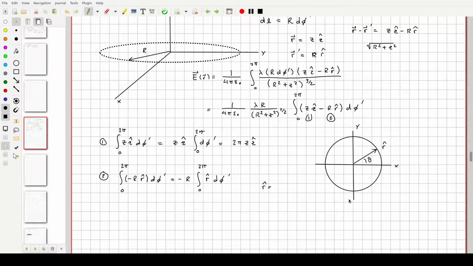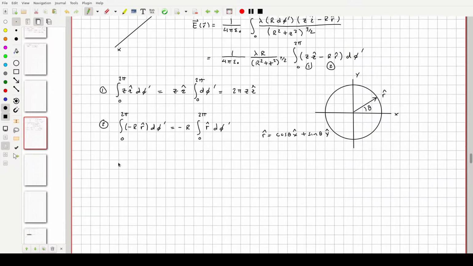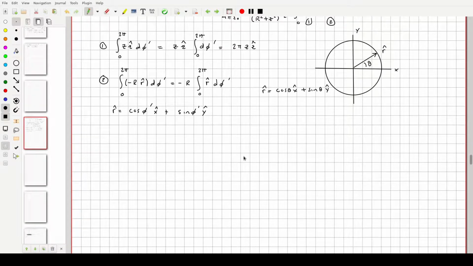At this point right here, it is cosine along the x hat direction, and it is sine along the y hat direction. So here, r hat really is cosine of phi prime x hat plus sine of phi prime y hat. So we're going to be integrating these. Everything else here is a constant, and I just wanted to show you something before we go through anything long, because there's no reason to make it long.